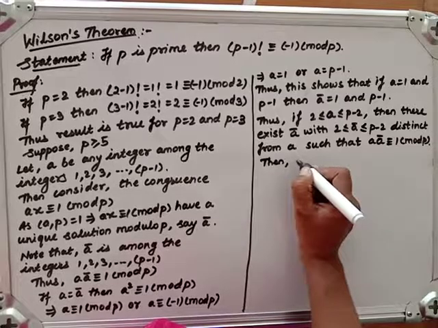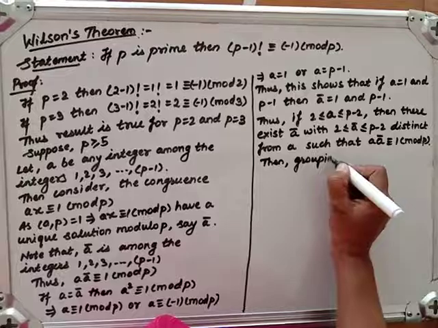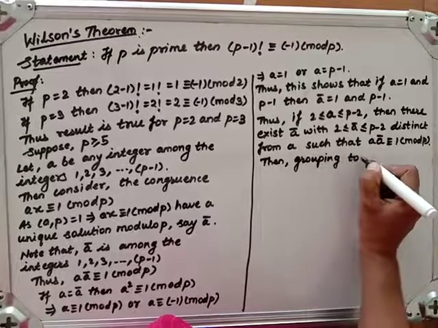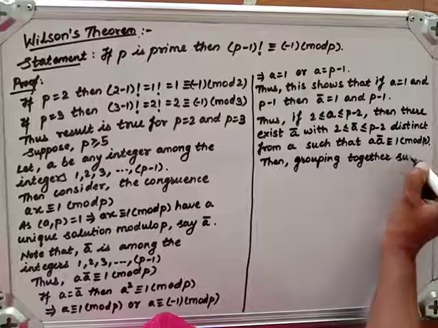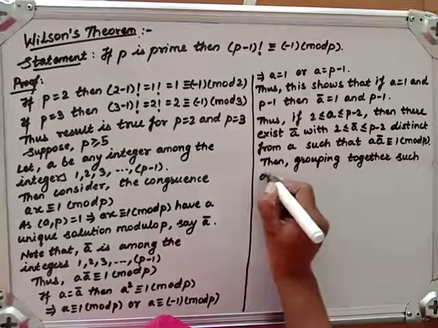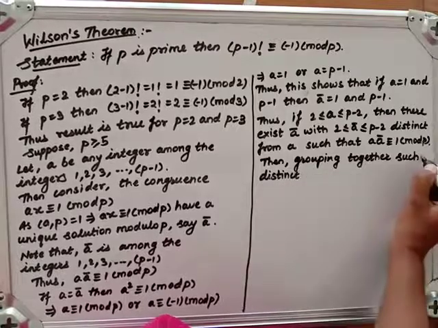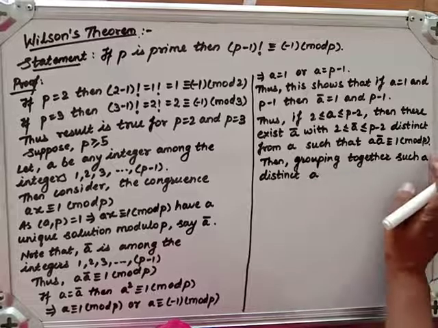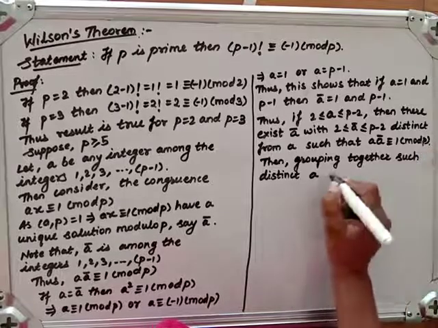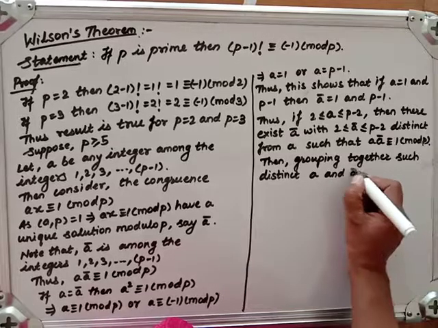Then let us group them together, such distinct a and a bar.